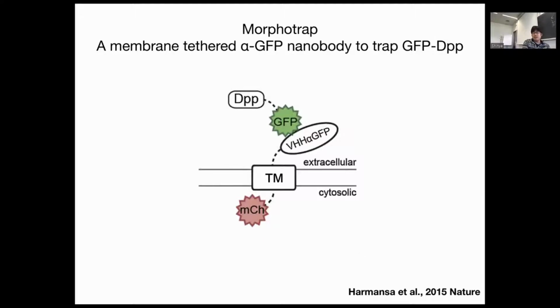We invented such a system called MorphoTrap. MorphoTrap is a membrane-tethered anti-GFP nanobody to trap GFP-tagged DPP.